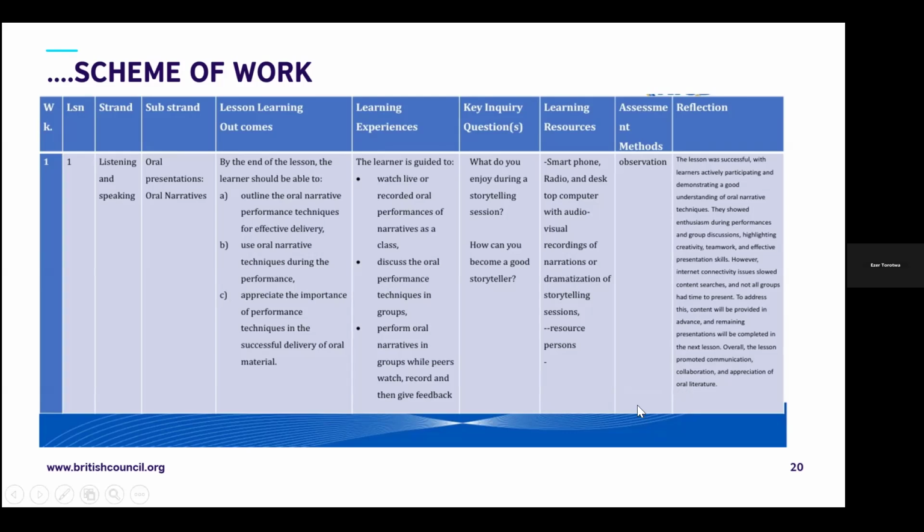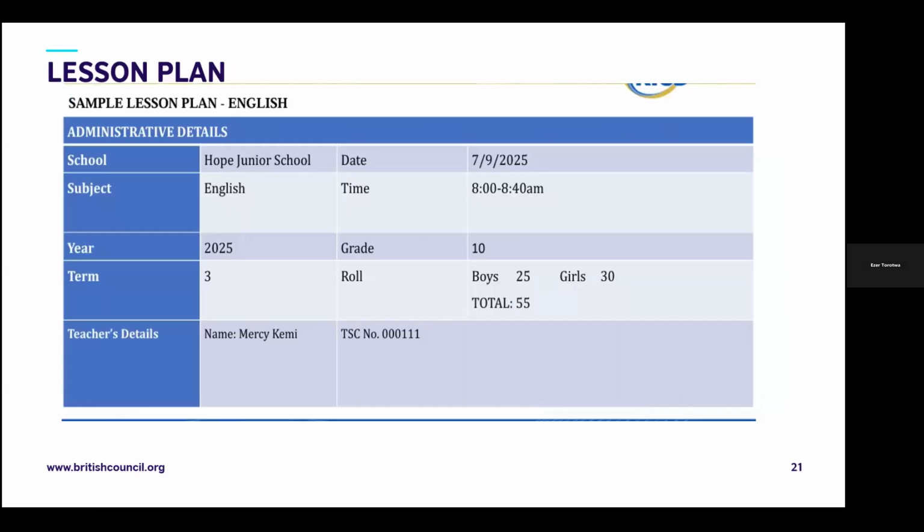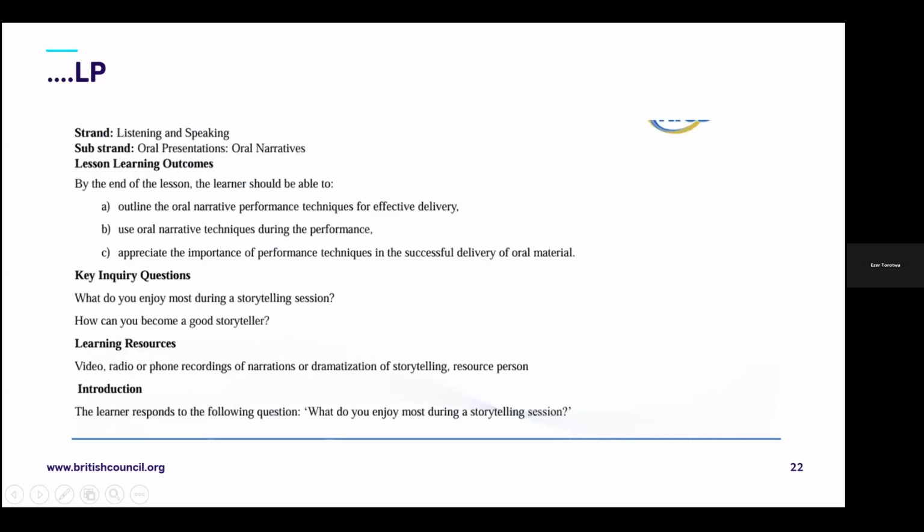They'll take us through. Yes, the lesson plan there, as I was saying, we have the administrative details on the first page. The second page, we have the strand listening and speaking, substrand oral presentation.